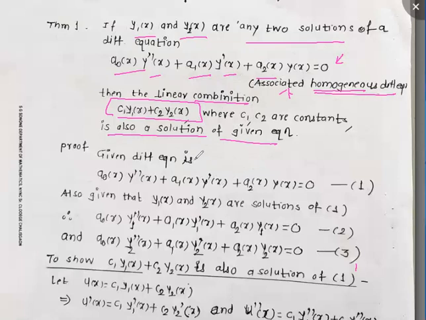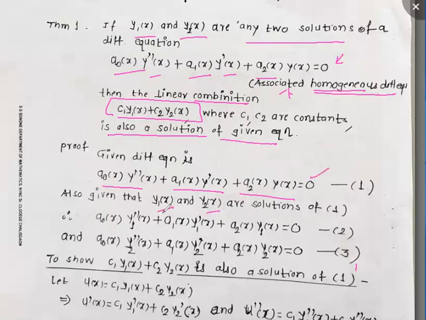So let us prove this result. The given differential equation is a0(x) y double dash + a1(x) y dash + a2(x) y = 0. The right hand side is 0. Also given that y1(x) is a solution and y2(x) is a solution of this differential equation.